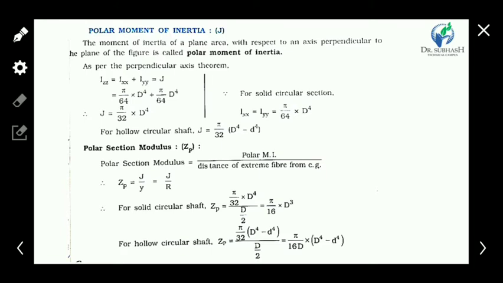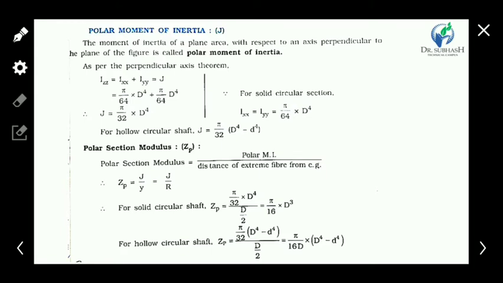Now another thing is the polar moment of inertia. What is the polar moment of inertia? In the last lecture we already solved examples and saw what the moment of inertia is. So you know what the moment of inertia is, but here it is the polar moment of inertia, and we know the perpendicular axis theorem.